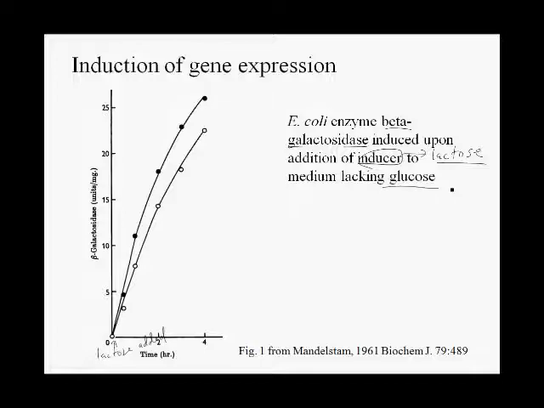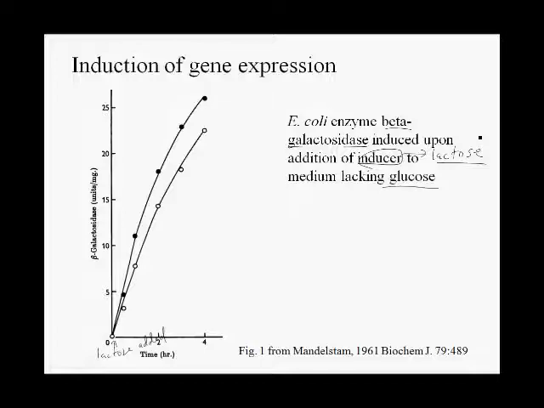They need to make beta-galactosidase only when glucose is absent and only when lactose, which is a substrate for beta-galactosidase, is around. If lactose is absent, even if the cell is starving for glucose, there is no reason for the cell to make beta-galactosidase. So only when there is no glucose and lactose is present, then the cell has a reason to make beta-galactosidase and does make it.